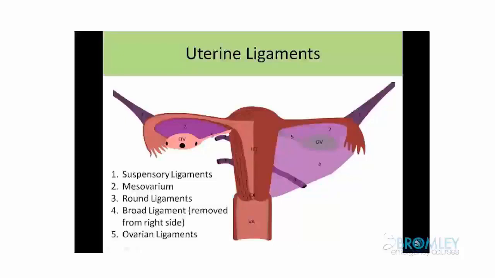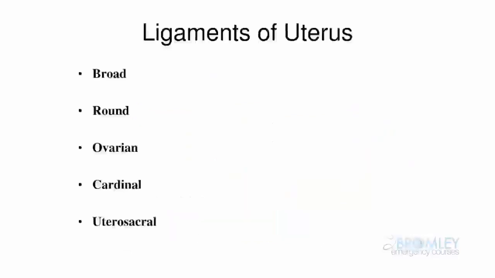Ovarian ligament, as the name suggests, joins the ovaries to the uterus. And the cardinal ligaments, because you can't see all in one picture, I'll show you another picture where you can see them. They are located at the base of the broad ligament. They extend from the cervix to the lateral pelvic wall.